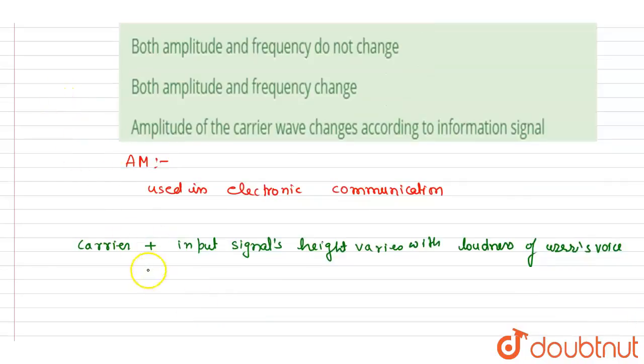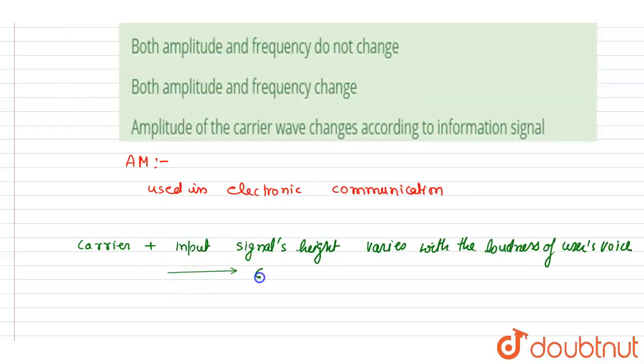So what will happen if the input signal height will vary with the loudness of the user's voice? The carrier's amplitude will change corresponding to the input signal.